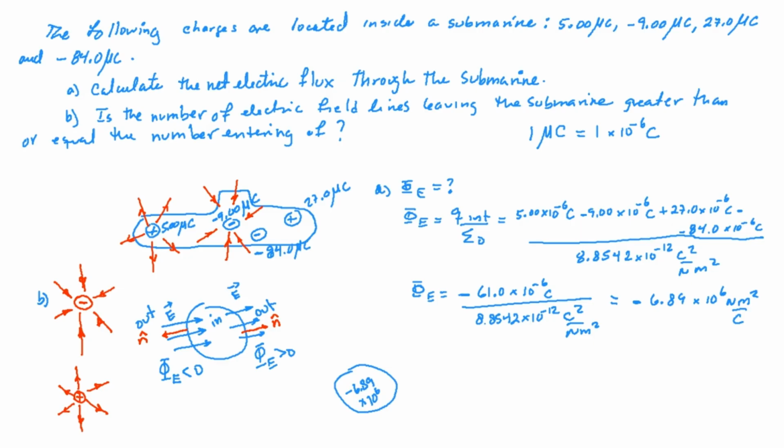The interior net charge is negative 61.0 times 10 to the -6 coulombs. This is the Q interior net. And we got an electric flux that is negative. So if the electric flux is negative, it's because there are more lines going in than lines going out, because the electric flux that we got is negative.